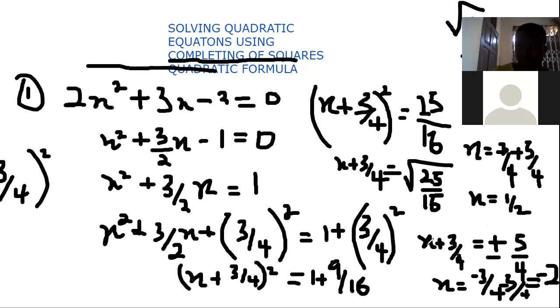Now I want to make x the subject. So making x the subject, when we bring this one here, we are going to get x is equal to minus 3 all over 4 plus or minus 5 all over 4.